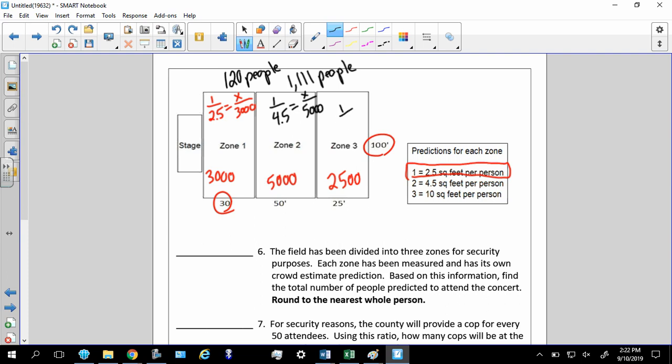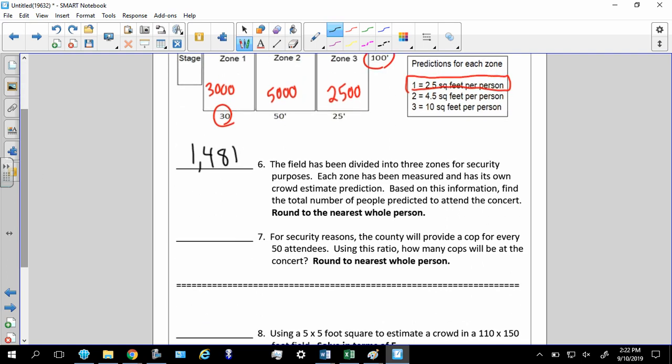So it's 1 over 10, which is 10 square feet, equals x over 5,000. Cross multiply and solve, and you get 5,500 people. You do the math, you add them all up, 1,481 people. For security reasons, the county will provide a cop for every 50 attendees.